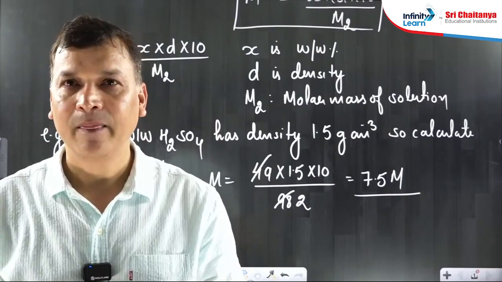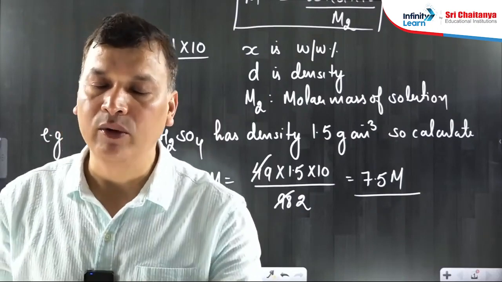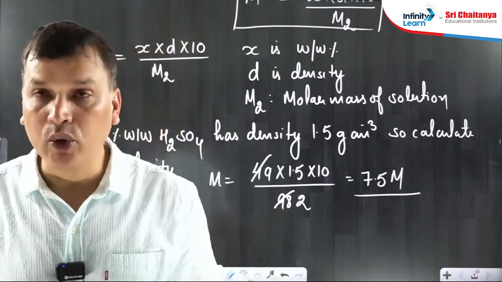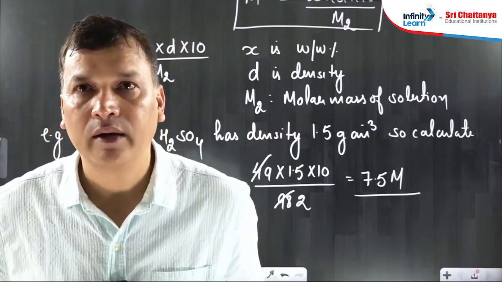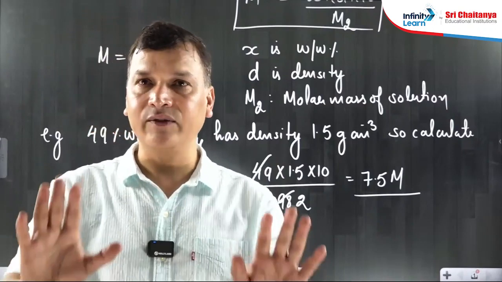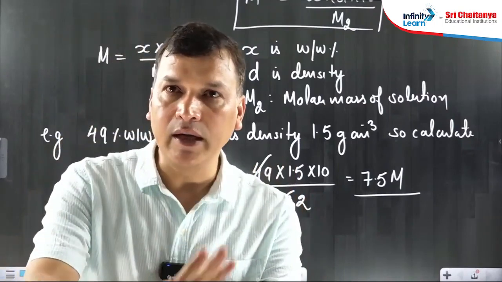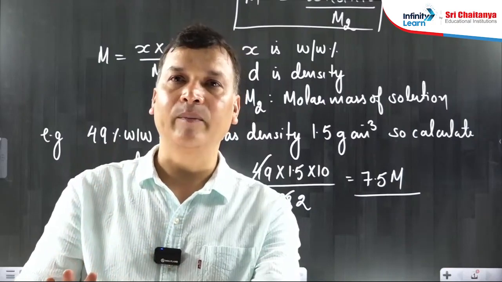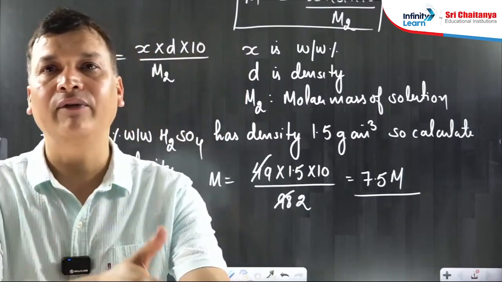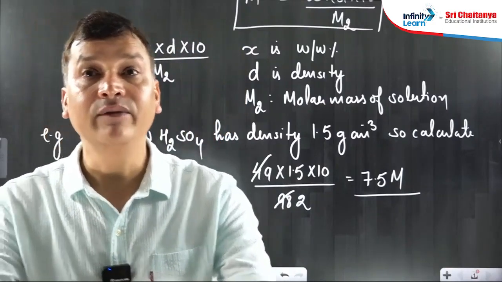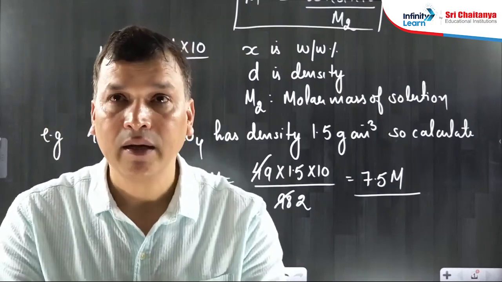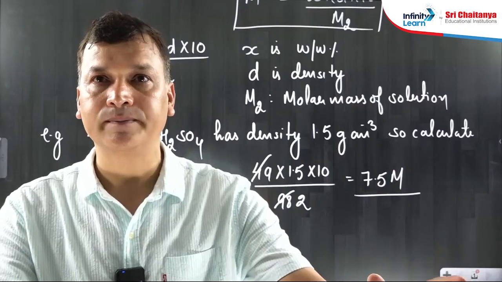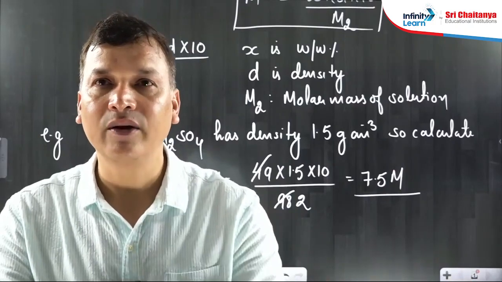Is that clear? Then we applied this molarity on dilution. Dilution, I told you, is addition of solvent. Since we are adding solvent only, number of moles of solute will remain the same before dilution and after dilution. Then we applied this molarity in mixing of 2 or more than 2 solutions.